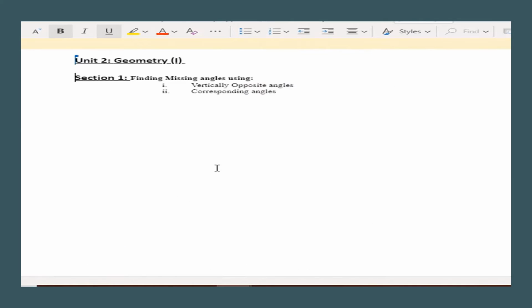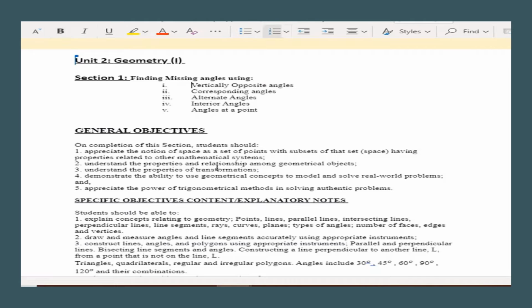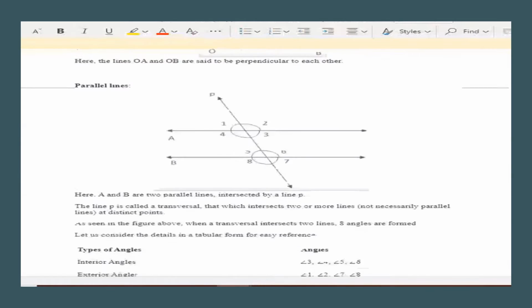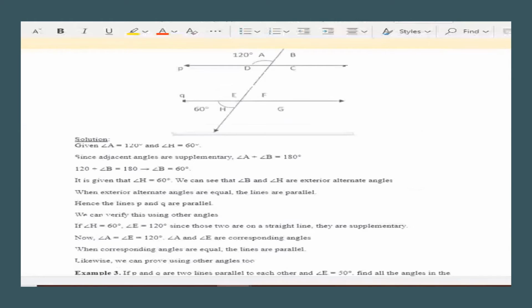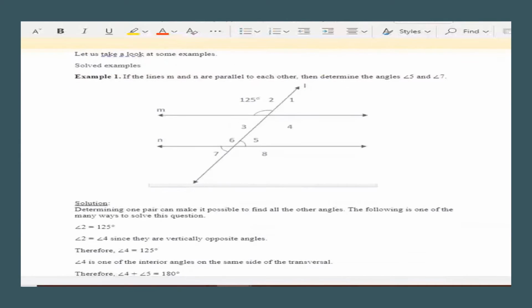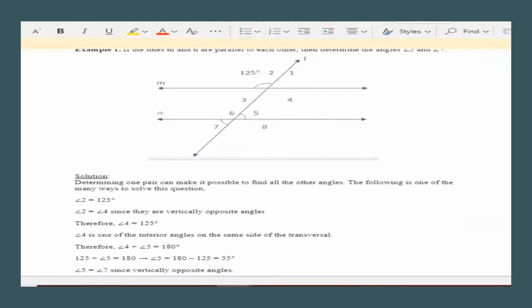So let's look at the first example, because that's where we're going. For some reason, this thing is giving problems. All right, let's look at example 1, guys.